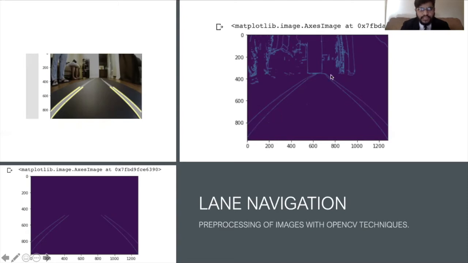Once it detects the lines, we can then isolate the region, which is also called the region of interest. In our case, it's only the bottom half of the image. Once we have isolated that part, we can mask that isolated region and the detected edges on our original captured image.